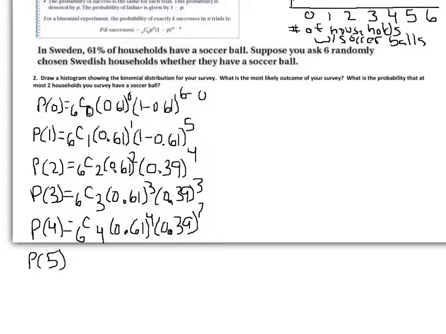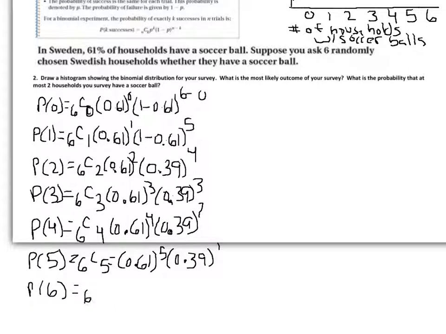Probability of 5. 6 choose 5. 0.61 to the fifth. 0.39 to the first. Probability of 6. 6 choose 6. 0.61 to the sixth. 0.39 to the 0. Okay? So we have to calculate all these now.